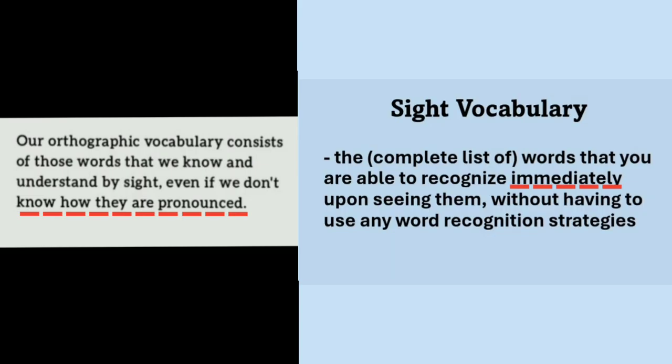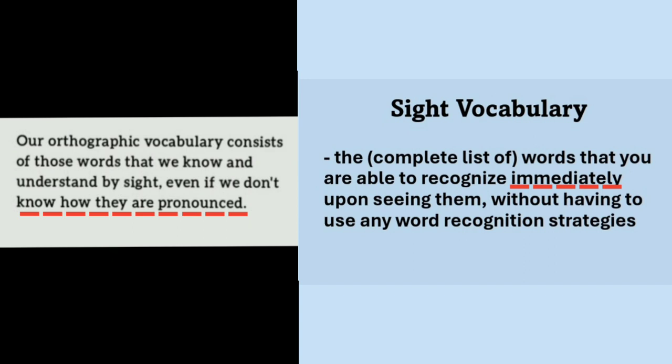Let me start the explanation by pointing out that all words in our sight vocabulary are a part of our orthographic vocabulary. Now, the slight differences are that one, with our orthographic vocabulary, we don't necessarily have to know how the words are pronounced, but with our sight vocabulary, we must know how they are pronounced.